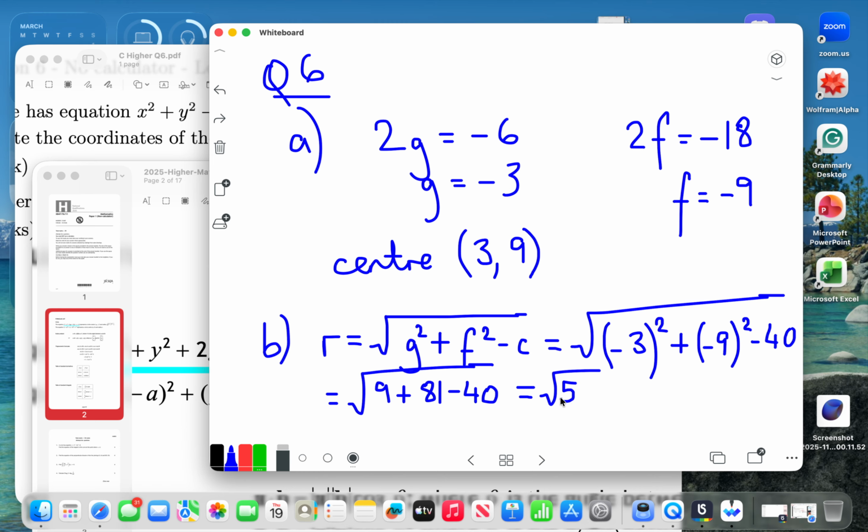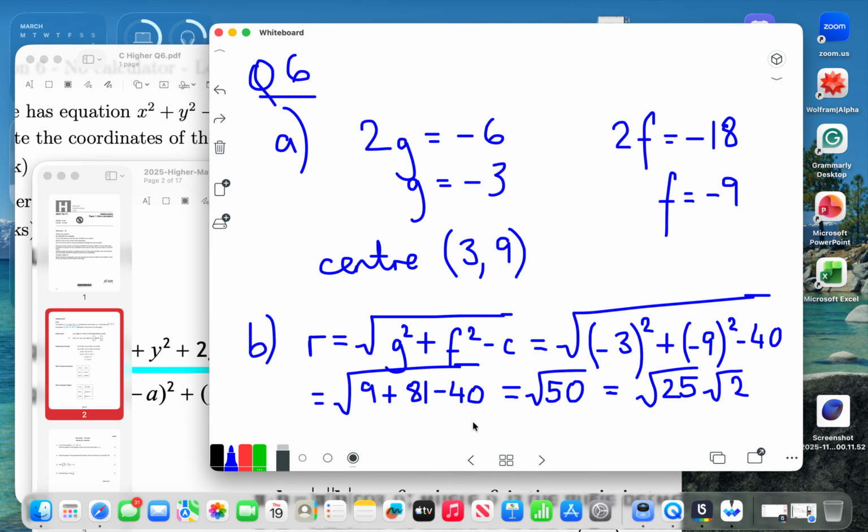And 25 is a factor of 50, and 25 is a square. I won't go into this in as much detail as I would with the National 5, but you get root 25, root 2. Look over your surd laws if you're not quite sure what's happening.